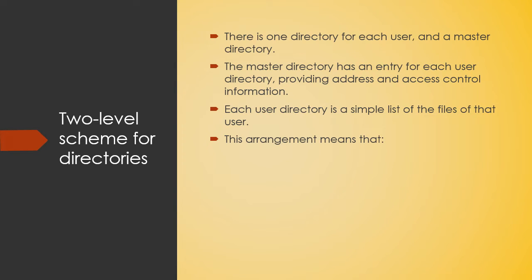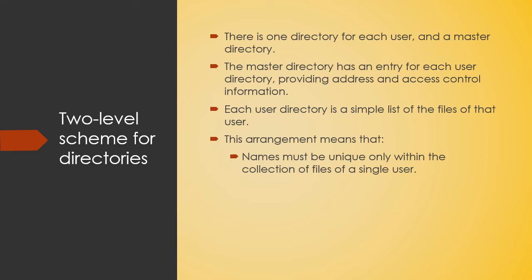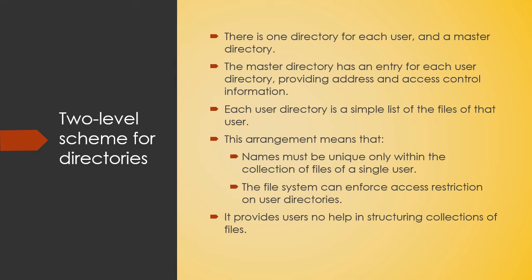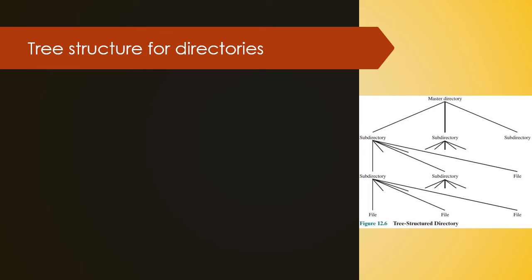This arrangement means that names must be unique only within the collection of files of a single user. The file system can enforce access restriction on user directories. It provides users no help in structuring collections of files.